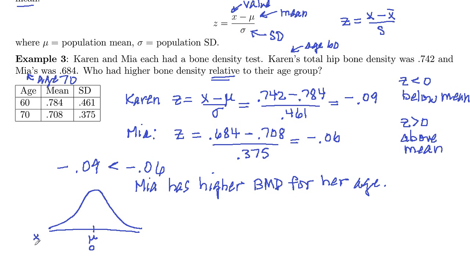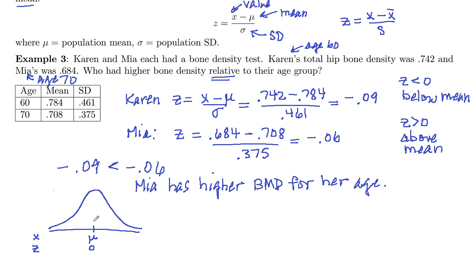So x value and z value. And this is for age 60, we've got one distribution. But if you convert to z-scores, it lets you compare different distributions. So we actually will just have one distribution that we can put both z-scores on.